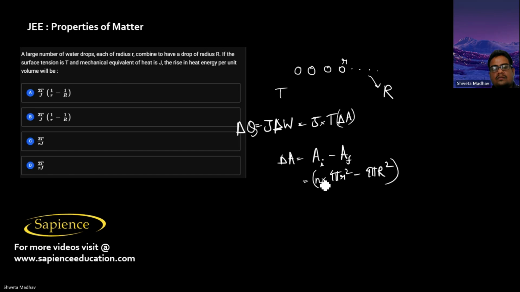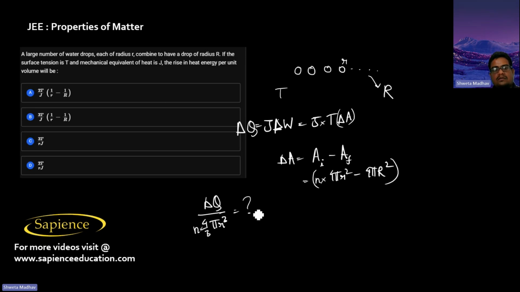Now, a large number of water drops is combining. So the rise in heat energy per unit volume is what we have to find out. It means delta Q divided by N into 4 by 3 pi r cube.